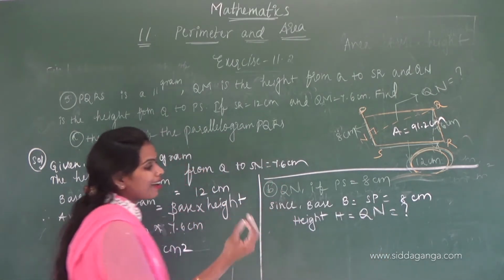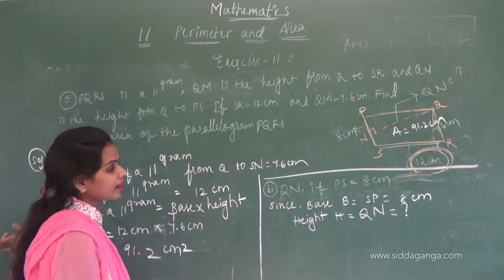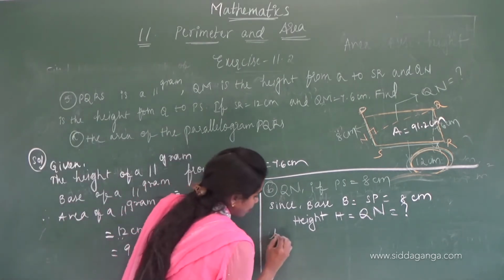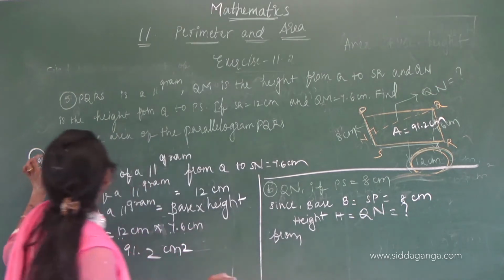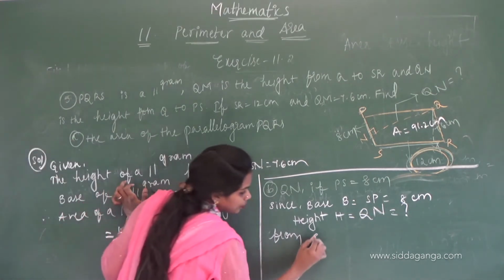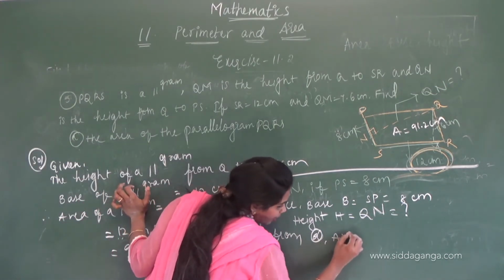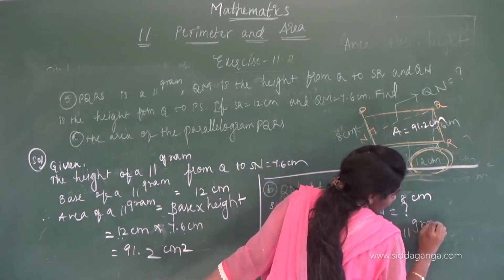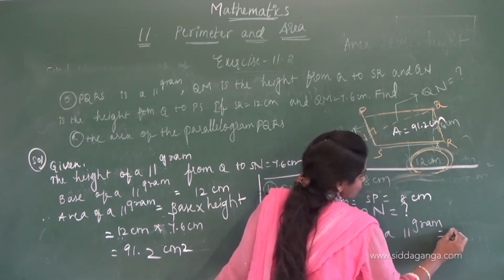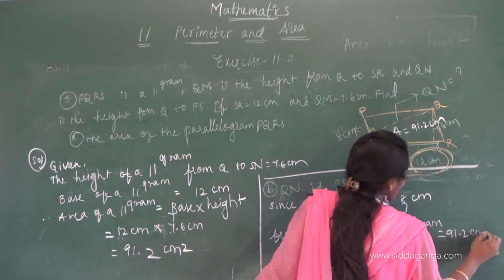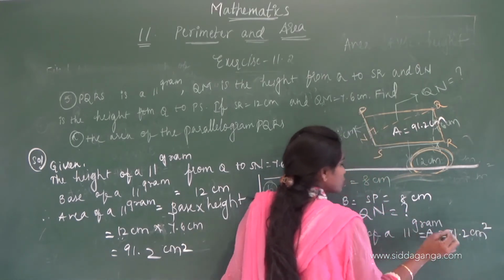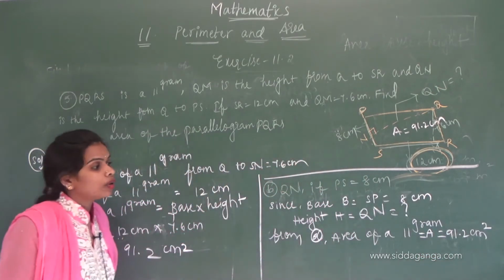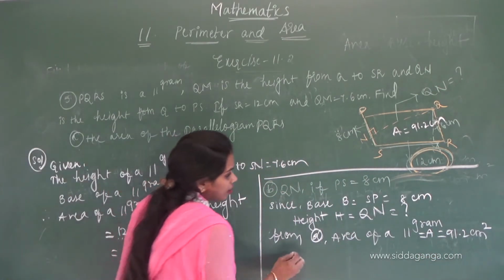And then, from the area of a parallelogram, A equals 91.2 centimeters square.